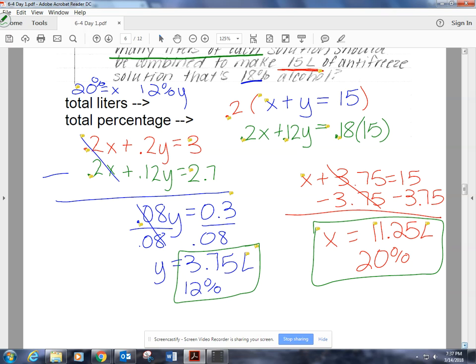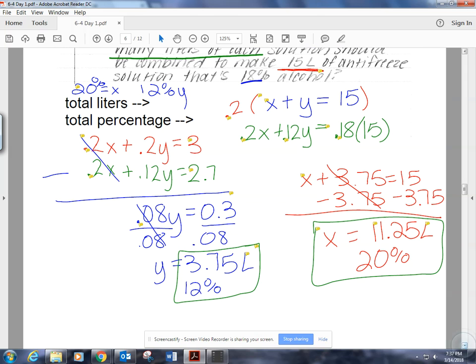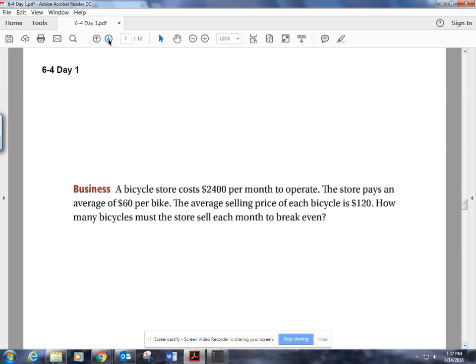Now, we were going for an 18%. So we're adding together 20% and 12% solution because in the end we want it to be 18%. 18 is much closer to 20%, so it would make sense that we need more 20% solution than 12% solution to make the correct mixture.